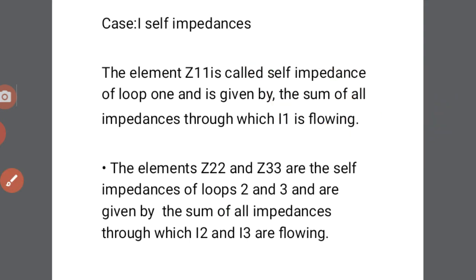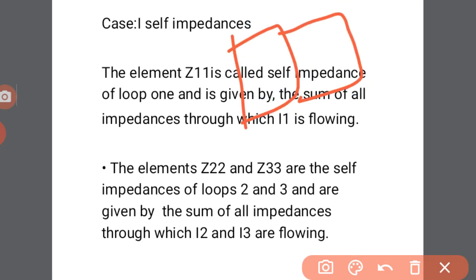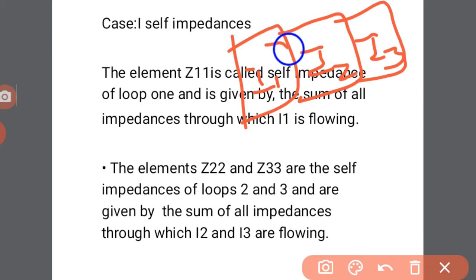Suppose again there are 3 loops, loop 1, loop 2 and loop 3. Loop 1 current is I1, loop 2 current is I2, and the next one is I3. Whatever impedances the current I1 is flowing through, that impedance is called the self impedance, that is the sum of all impedances through which I1 is flowing.